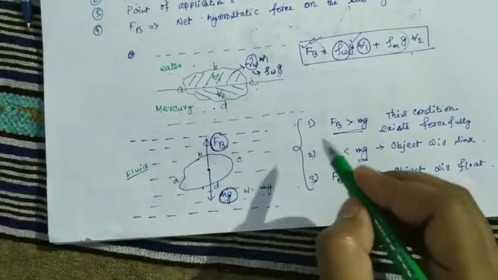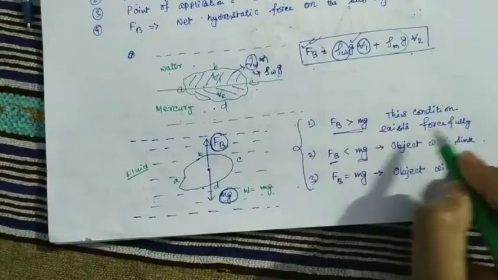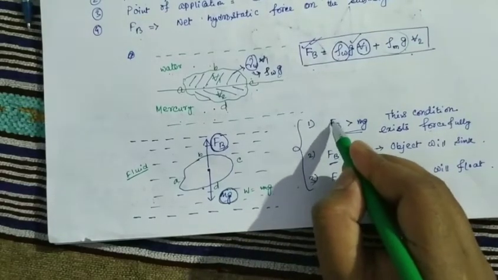The first condition is that whenever the buoyancy force is greater than the weight of the body, the body will feel a net upward force and will go in the upward direction.